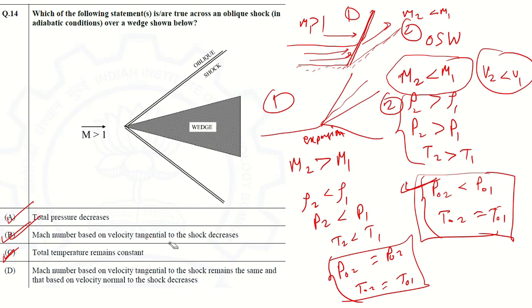So there are two Mach numbers in an oblique shock wave, and C says total temperature remains constant. So C is also right. But Mach number based on velocity tangential to the shock remains the same? No, it is decreasing, and the one based on velocity normal to the shock is decreasing. So A, B, and C are the right options. D is wrong.